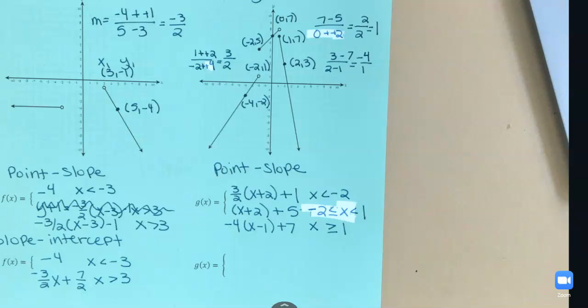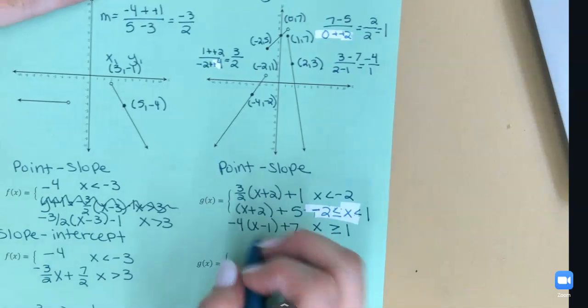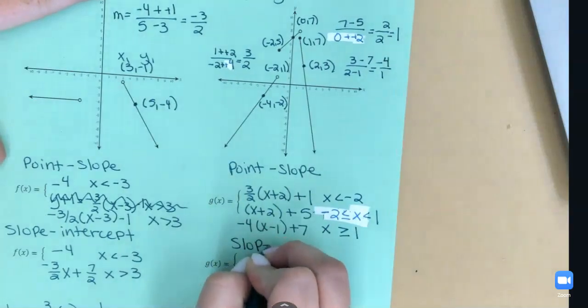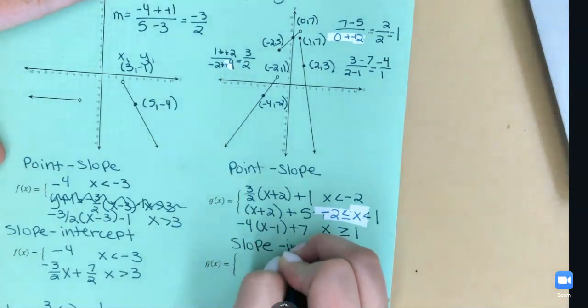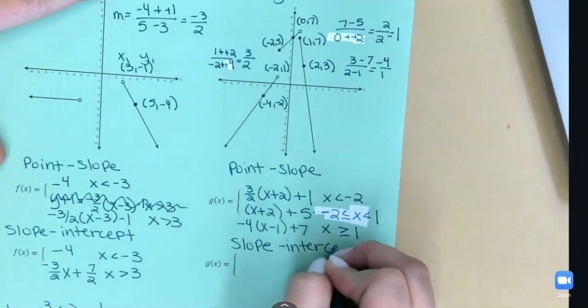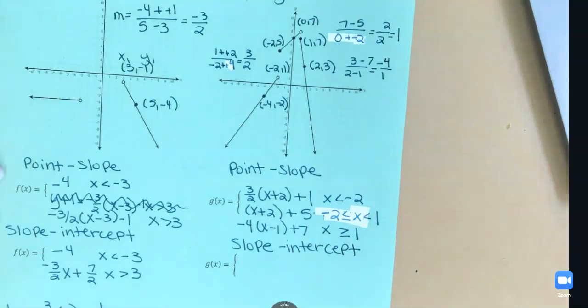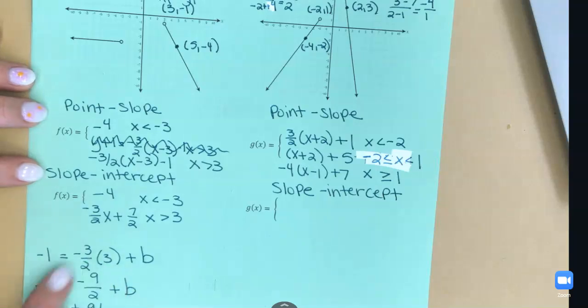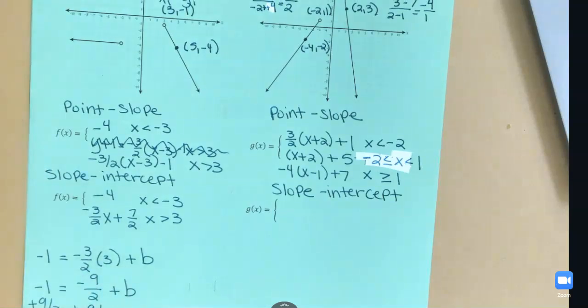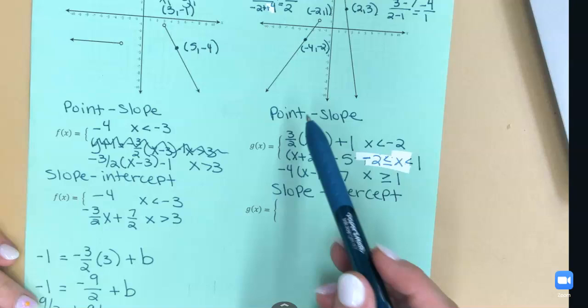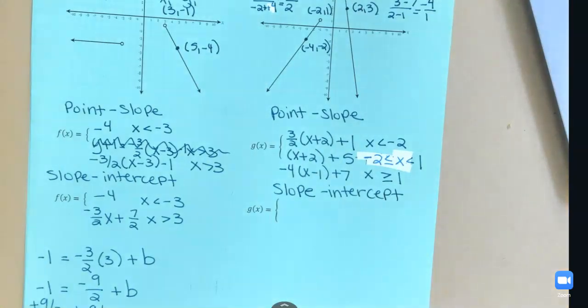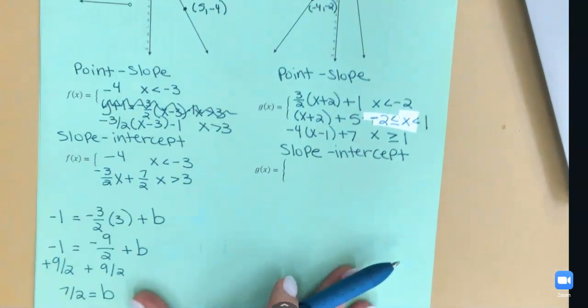Now, all of these I need to rewrite in slope-intercept form, which means I need the y-intercept for each of these. Now, we could do this the same way we did previously where we solved for b, or what I can simply do is take each of these point slope forms, multiply everything out, and combine like terms.